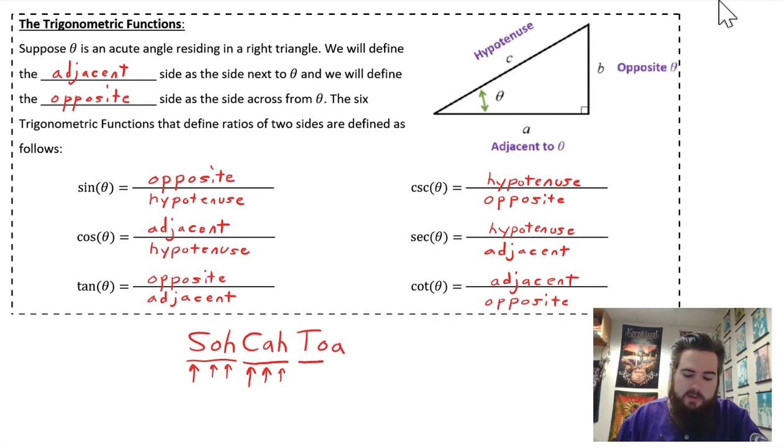The third syllable, TOA, I guess that's the last 2 syllables, means that tangent is the ratio of opposite over adjacent. That mnemonic may help, particularly earlier on when you're still getting used to these trig functions and what side lengths they relate to.